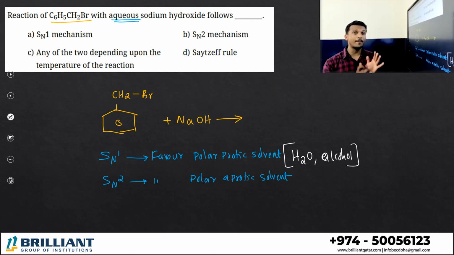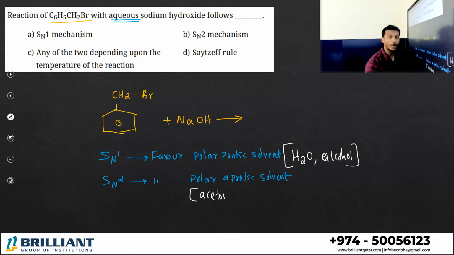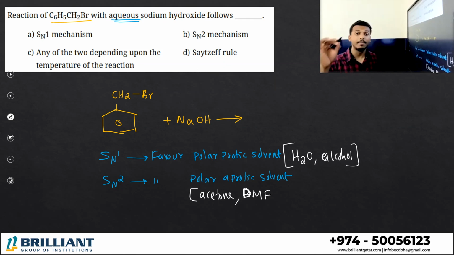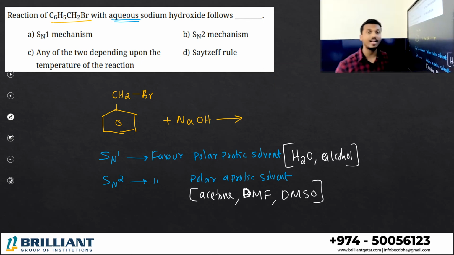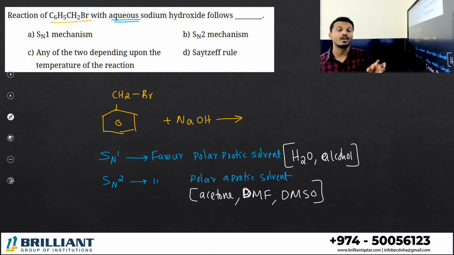What are polar aprotic solvents? Acetone is a polar aprotic solvent. Other examples are DMF, dimethyl formamide, and DMSO, dimethyl sulfoxide. In these kinds of solvents, the SN2 mechanism proceeds faster.